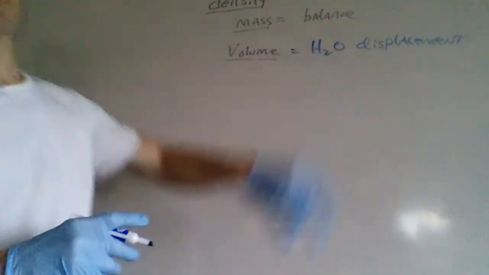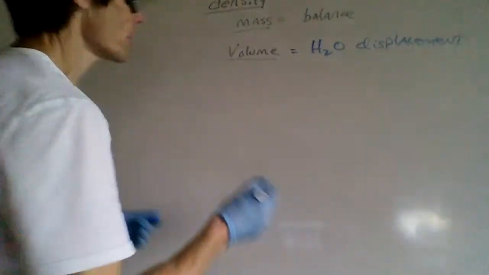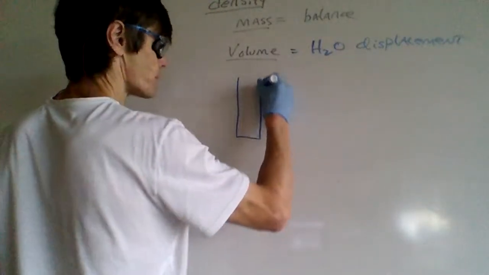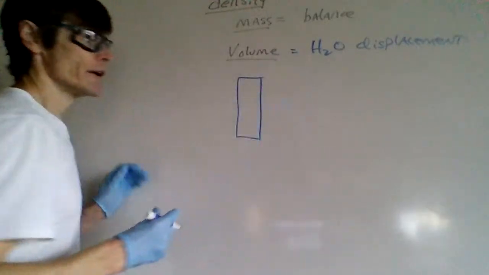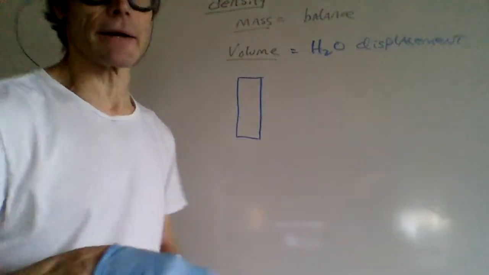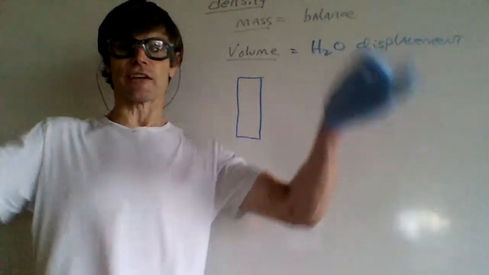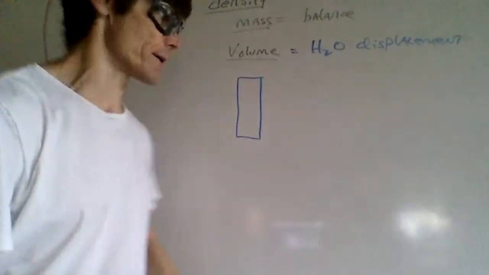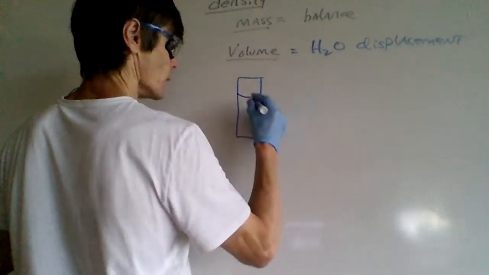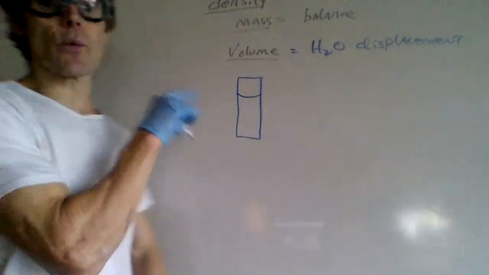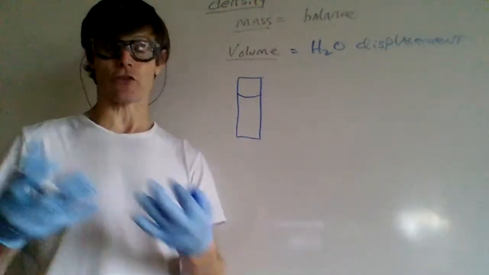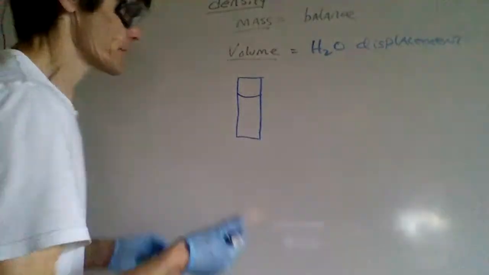What this method involves is taking a sample of water. It's often conducted in a graduated cylinder in our labs, but in the simulation that you're using, it's this big trough of water. We would measure the level of the water in a graduated measuring device, a cylinder for instance.